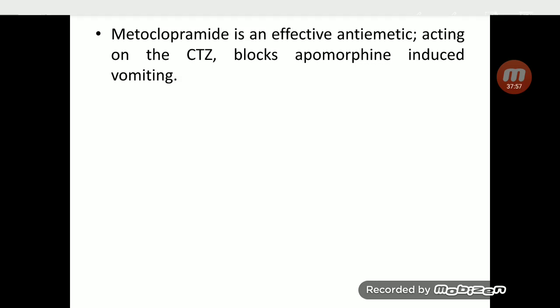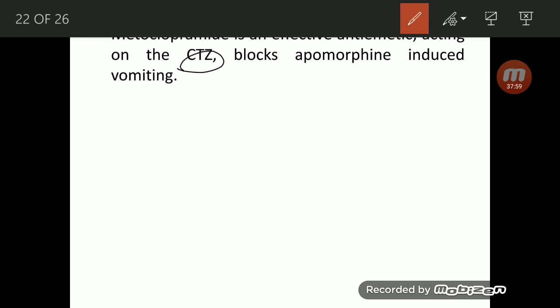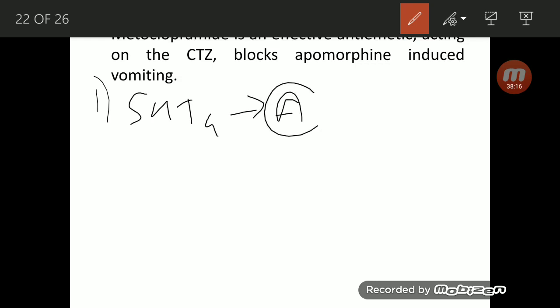It acts on your CTZ and can also block apomorphine induced vomiting. Metoclopramide has different mechanisms of action. First and foremost, it is an agonist of your 5-HT4 receptor.